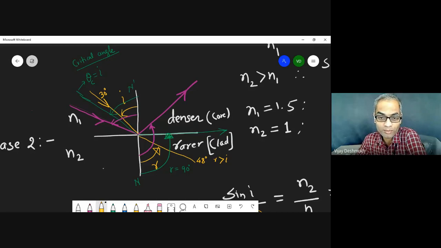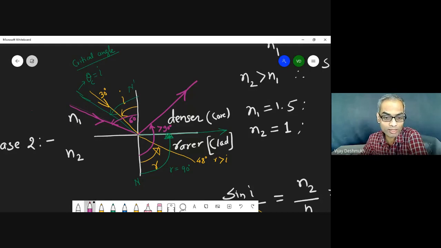But in this case, the angle of refraction is more than 90 degree. I'll use the same color so that you can understand very clearly. 60 degree angle of incidence, then it is more than 90 degree.